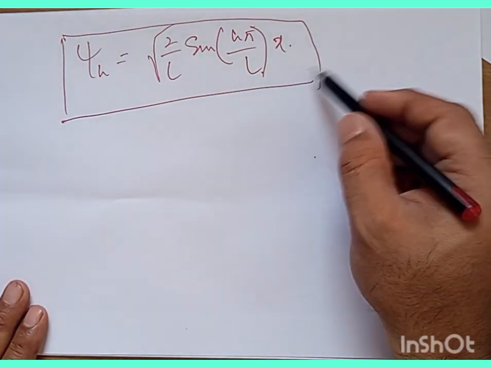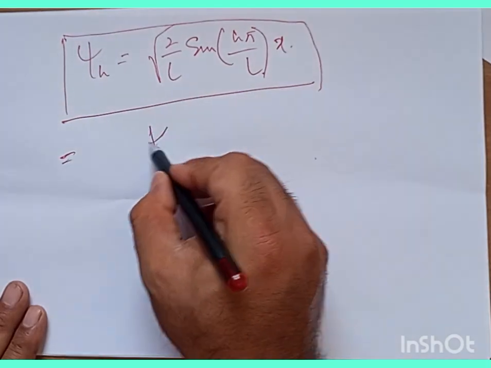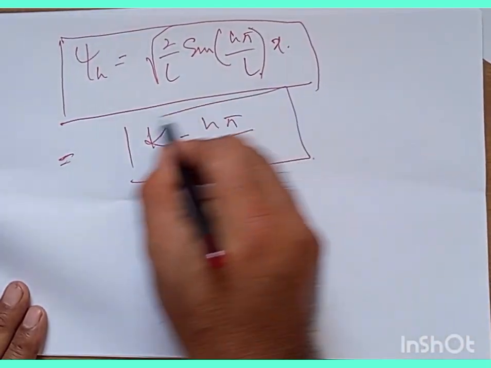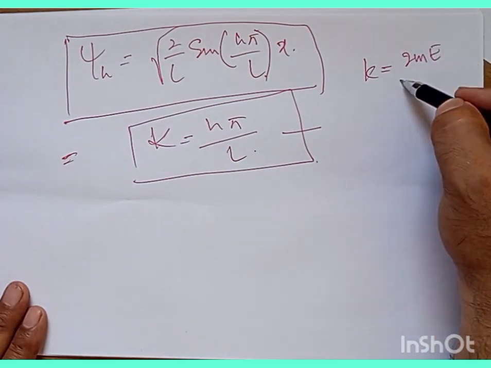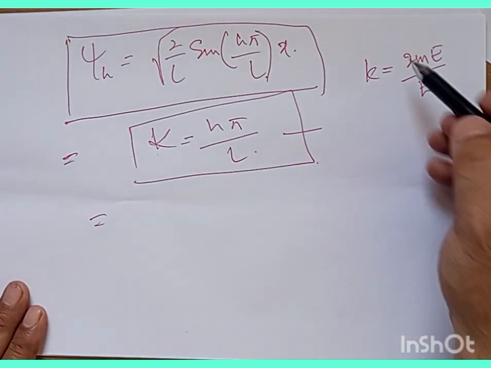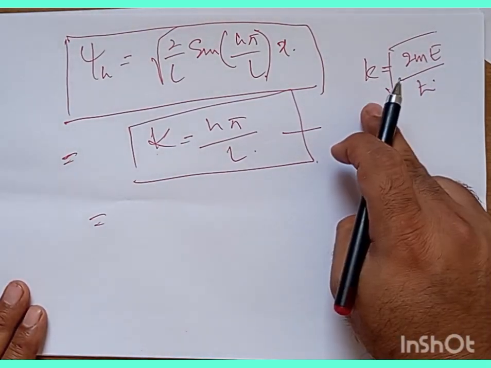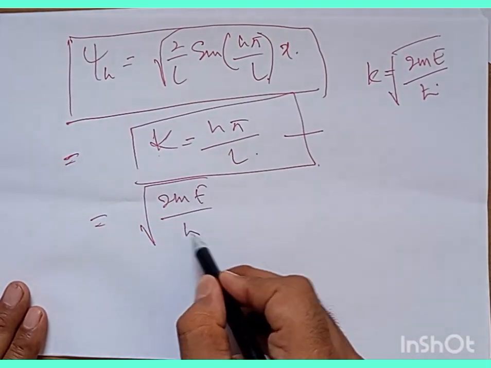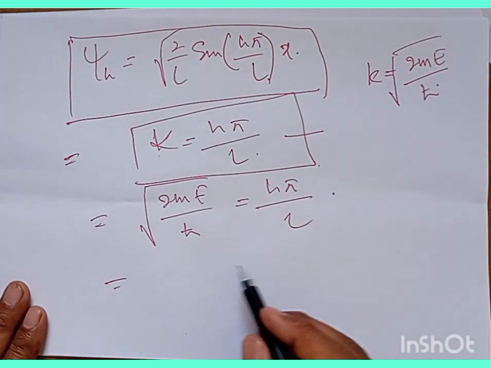And before proceeding, we can also look at this: k is n pi by L. But from the original choice, this k was under root of 2m E by h cross. So we can use under root of 2m E by h cross for k equal to n pi by L. And we can square both sides.